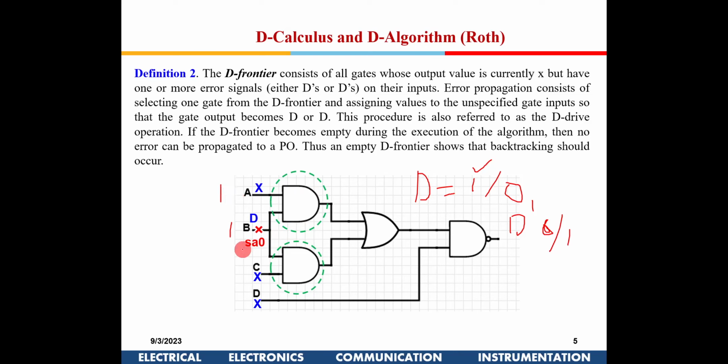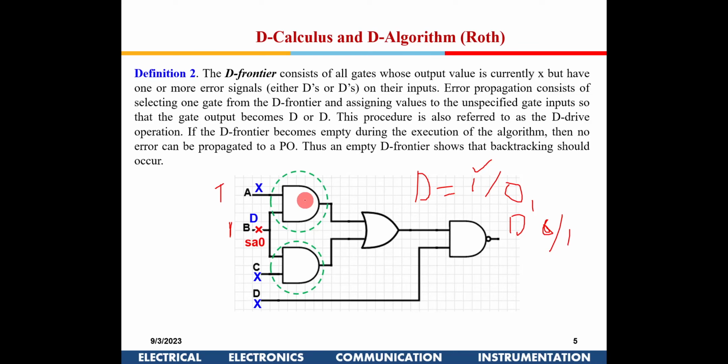The moment I give a 1 here, this becomes D. I have not yet assigned 1 here because I have not chosen which gate to use for propagation. But since it's stuck at 0, I know I need to give 1 here, so I'll do that first. Immediately on doing that, this becomes D, and these two gates will be mapped to the D-frontier grouping.